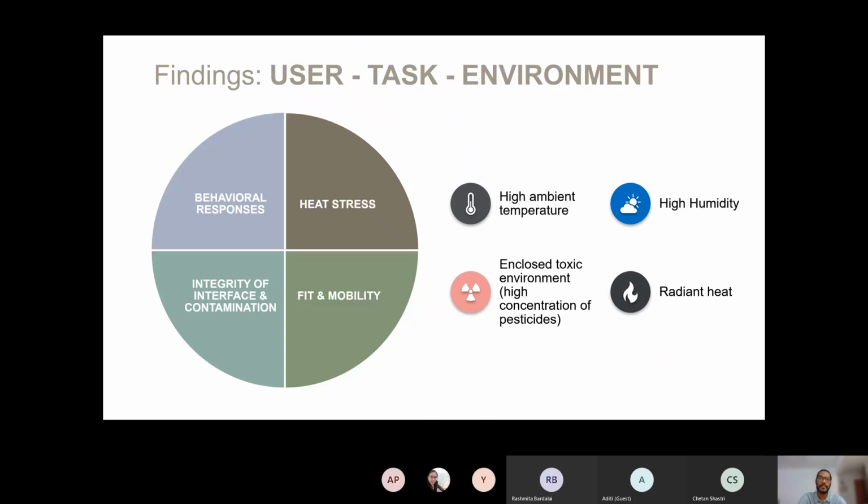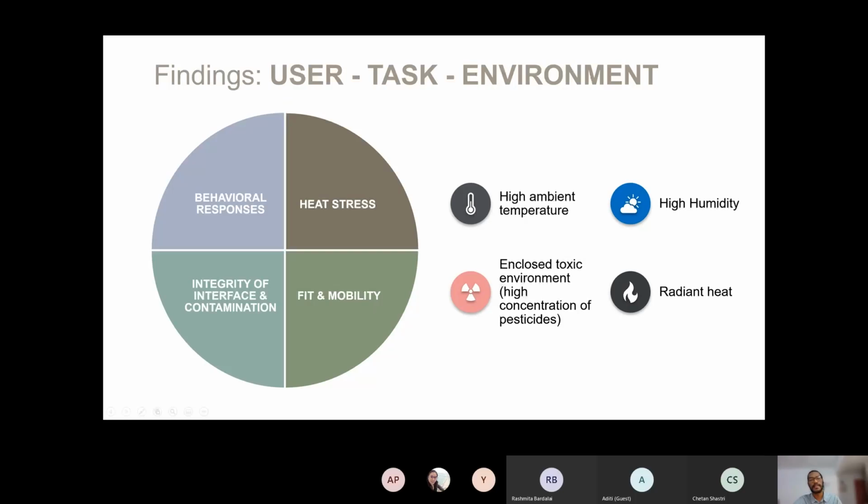For example, where the length of the coverall at the sleeves and at the trouser hem did not integrate well with the boots or the gloves that they wore, or the area below the neck where the coverall collar did not meet the face mask properly. So these were possible channels through which contamination could enter the body.